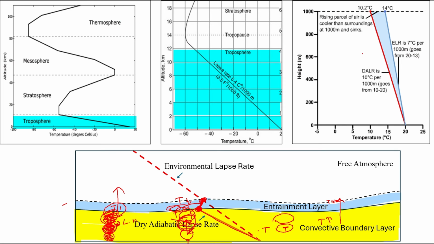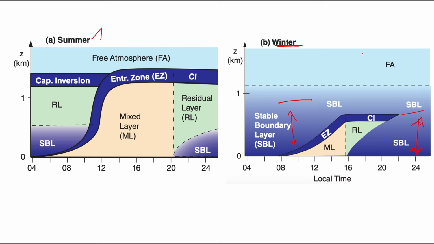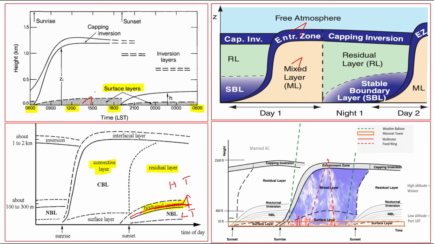So we have discussed different layers within the boundary layer due to the temperature difference. We have the surface layer, then CBL, that is the convective boundary layer. Then in the night we have the nocturnal boundary layer and residual layer. Now above that we have the entrainment and capping inversion.